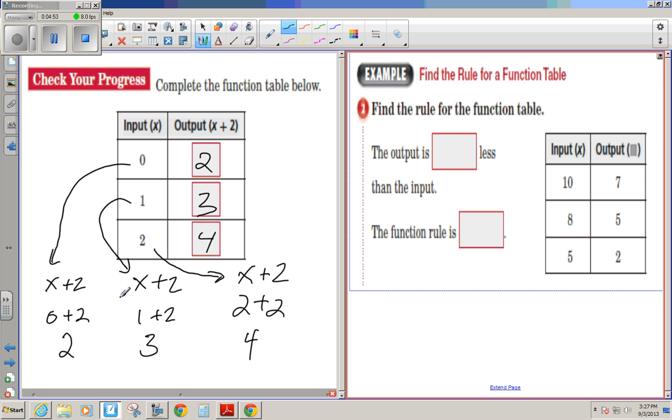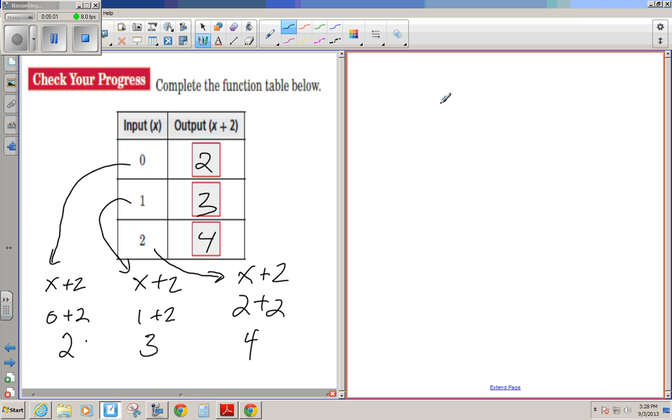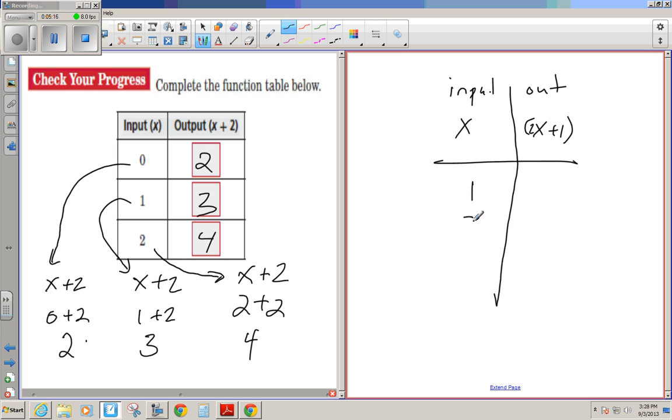All right. So you can actually have a little more complicated ones. So our input is x. Our output is 2x plus 1. And you can just choose some random values and plug them in.